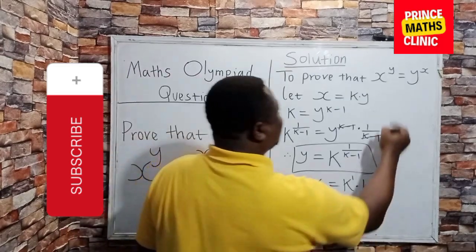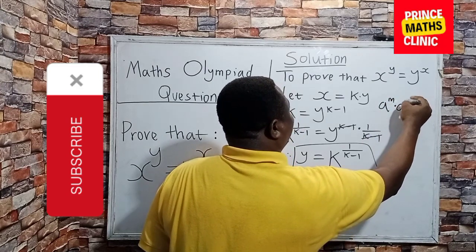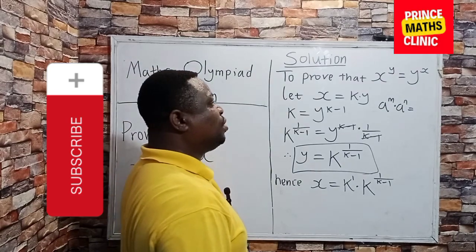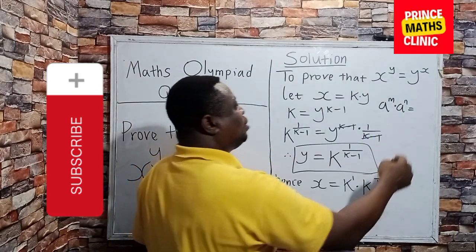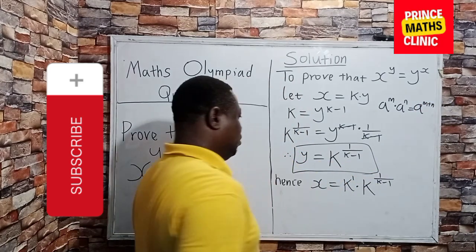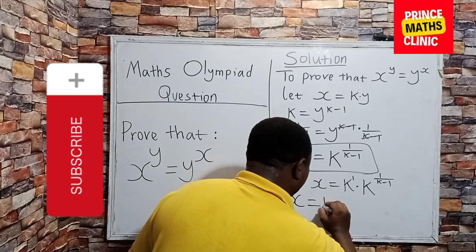And we know that when I have a to the power of m multiplied by a to the power of n, as long as the bases are the same under multiplication, you add up their powers. So this becomes a to the power of m plus n. Here, I'm going to add up the powers.